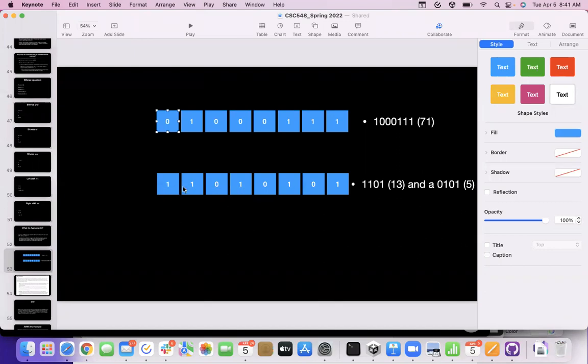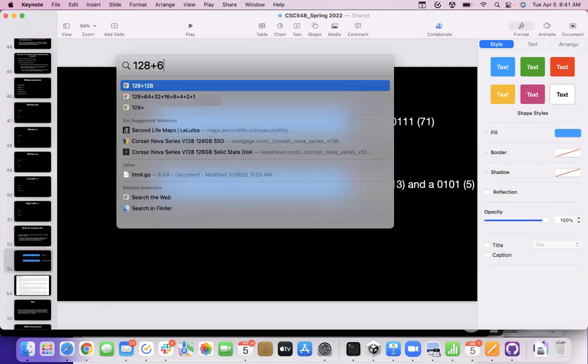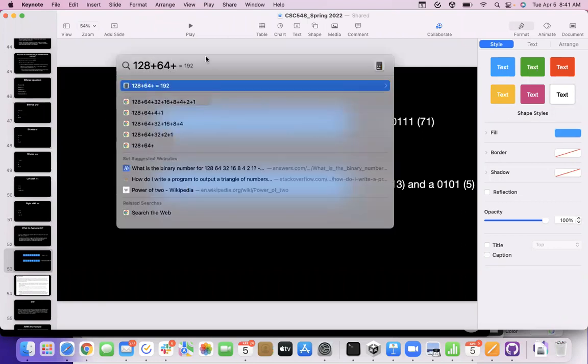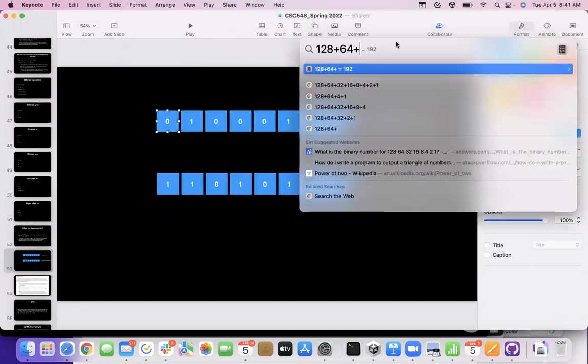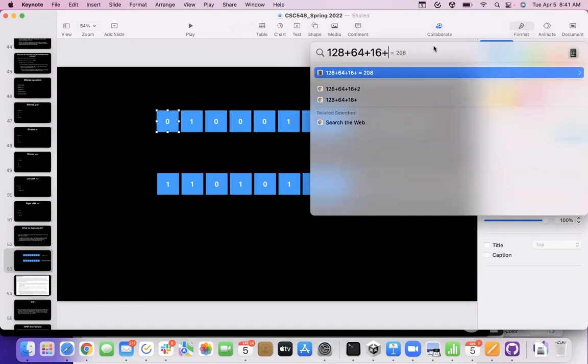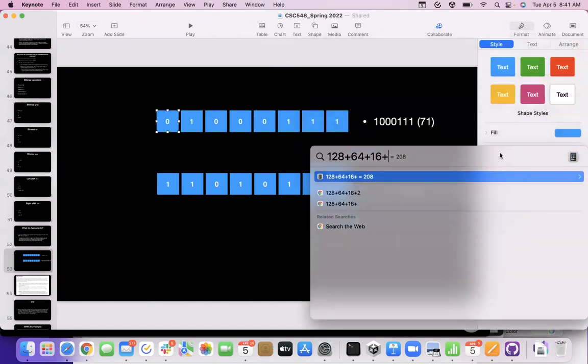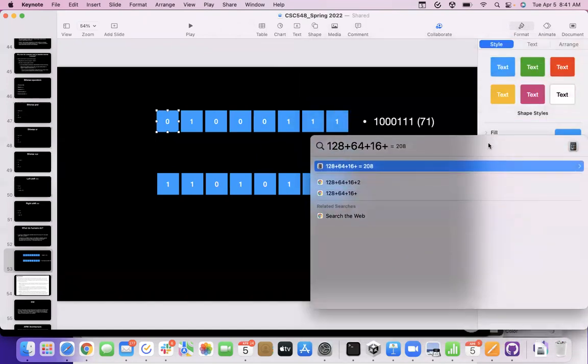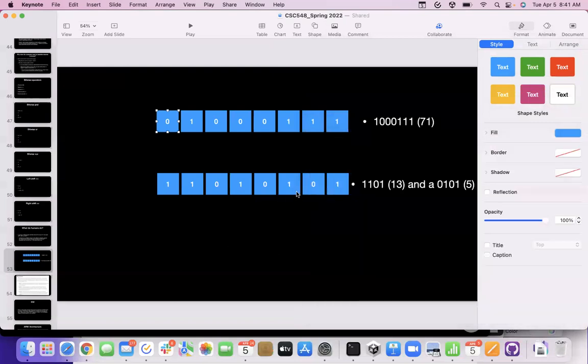This is 128 plus 64, plus 16, plus 4. That's 208, plus 4 is 212, 213. So this is the whole number 213.